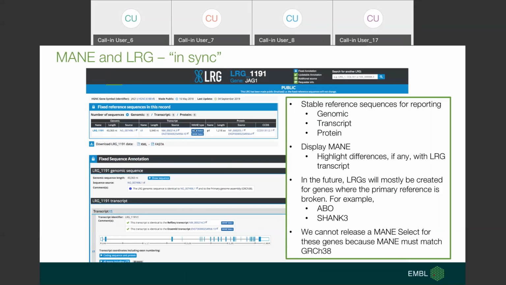So for those, we are going to create LRGs so that at least we can define a transcript, and it will likely just have the NM with no ENST because the ENST just cannot match a sequence that is different than what's on the reference.